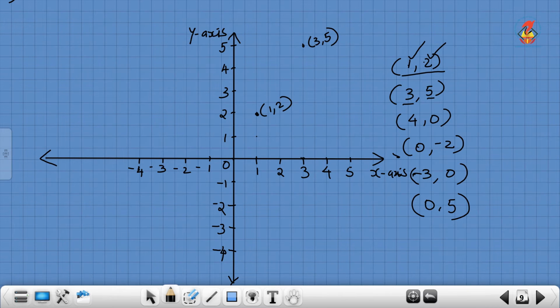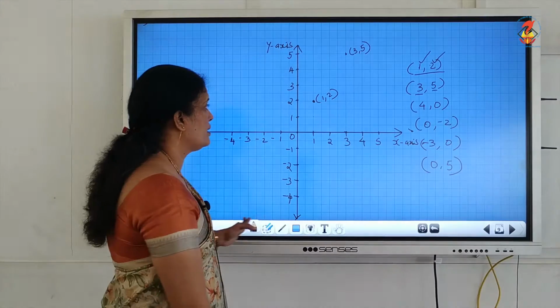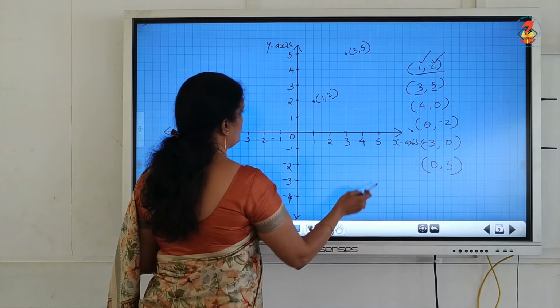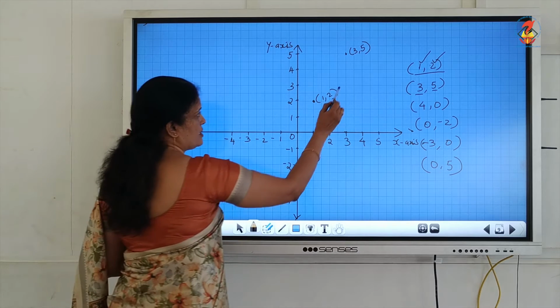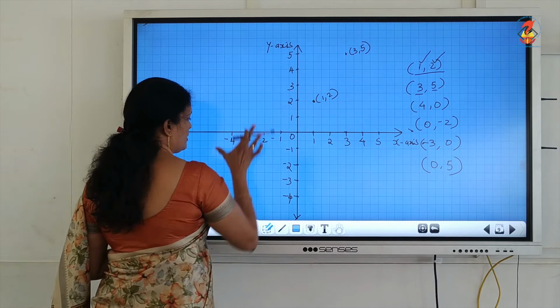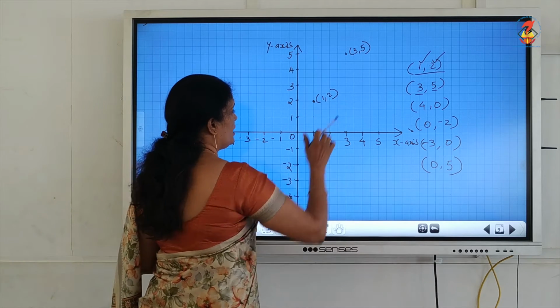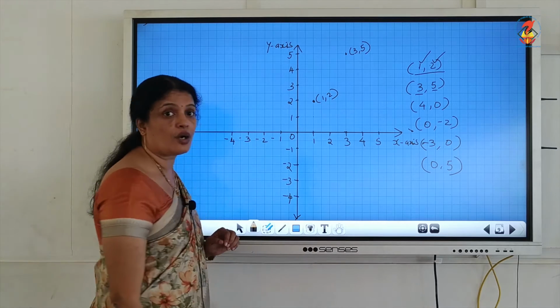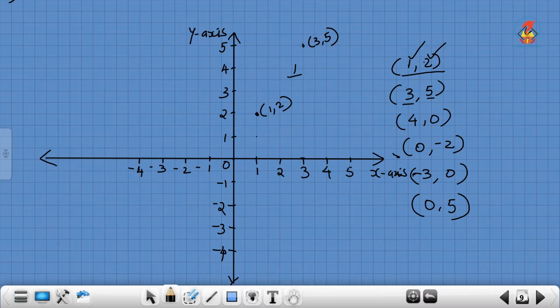Here, the x axis and y axis divide the plane into 4 parts. This is the first part, this is the second part, third one, and this is the fourth one. This first part is called the first quadrant.